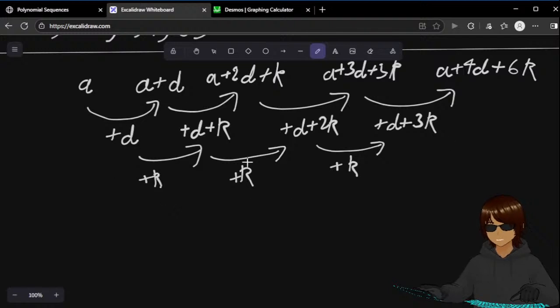Let's say there are only these many. D plus 3k is 2d plus 3k.